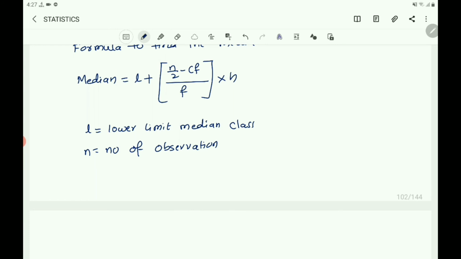CF is the cumulative frequency of the class preceding the median class.